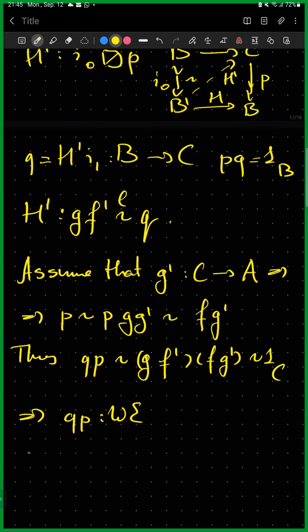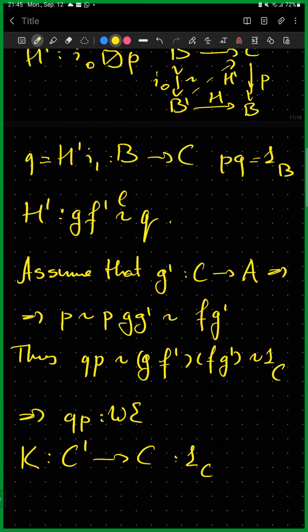Indeed, if K is a homotopy from one, so we just established that it is homotopic to a weak equivalence. We didn't show that it is in fact a weak equivalence.